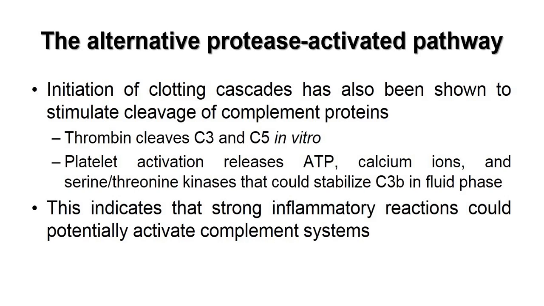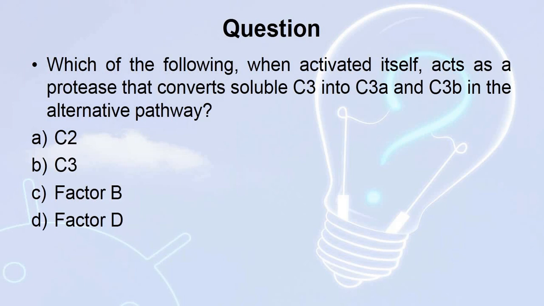But from an academic point of view, it is important for you to understand, students, that the alternative pathway can be activated by three means: continuous Tickover hydrolysis to form C3H2O, the protease-activated pathway, as well as the properdin-activated pathway. So, three ways of the alternative pathway getting activated.